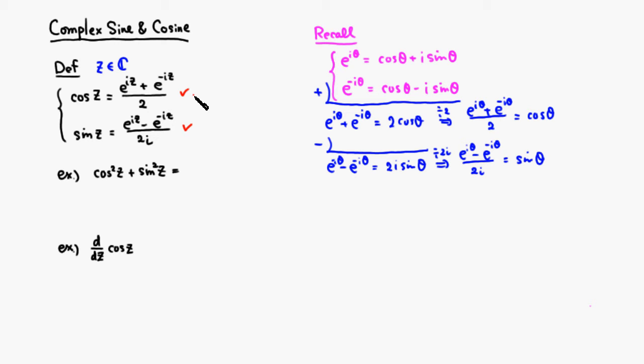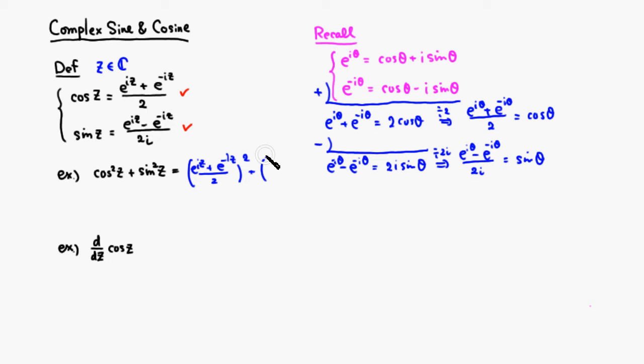All right. We want to make sure that this definition makes sense with cosine squared of z plus sine squared of z. We should get 1. So let's verify that. Cosine is defined to be e to the iz plus e to the negative iz over 2, squared.